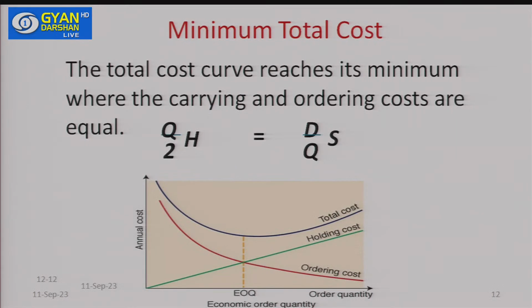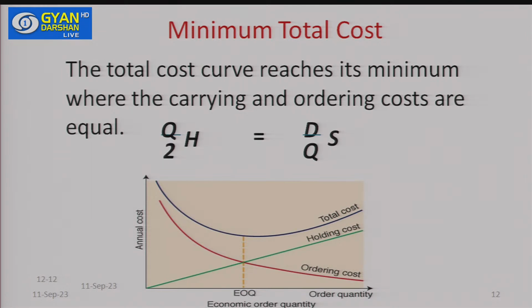When you take the ordering cost and the holding cost, at the economic order quantity point, both costs are equal. At that point, if we equate the holding cost with the ordering cost: Q is the quantity, so Q by 2 is the average, into holding cost, that is your holding cost.